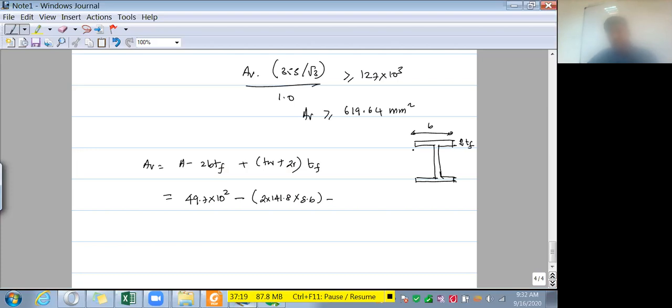Plus, when you remove this area you get only the web area, so you add tw plus 2r, where tw is the thickness of the web and r is the root radius. Basically you add this area to that.